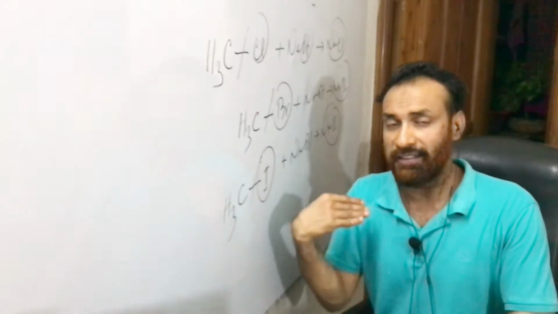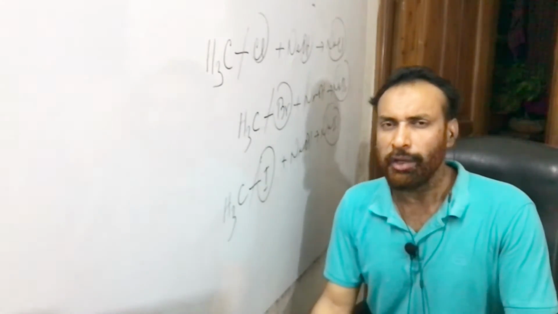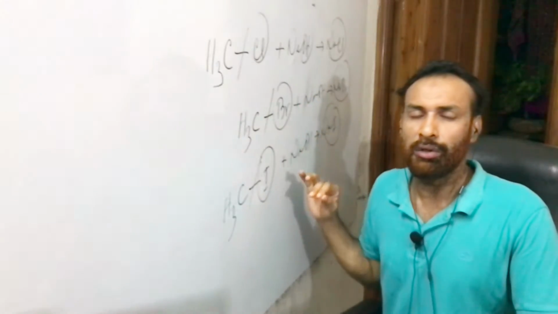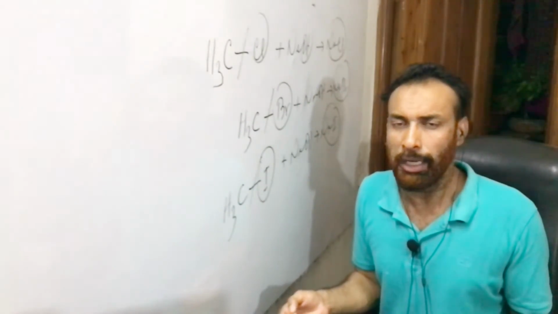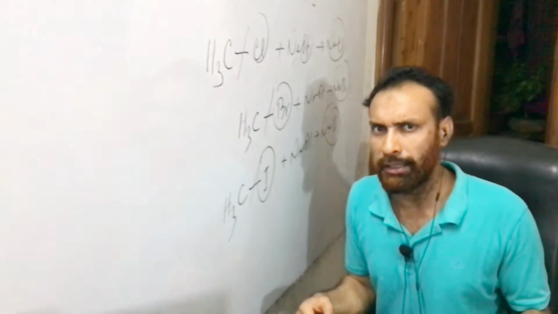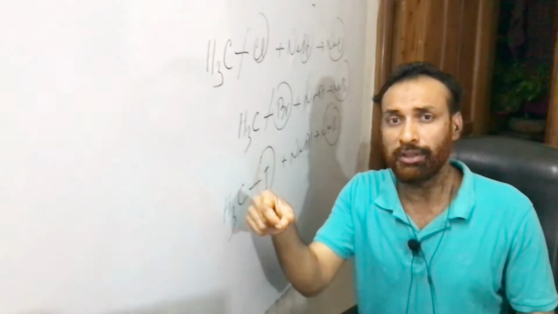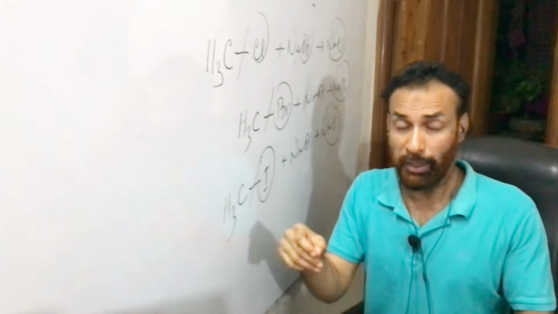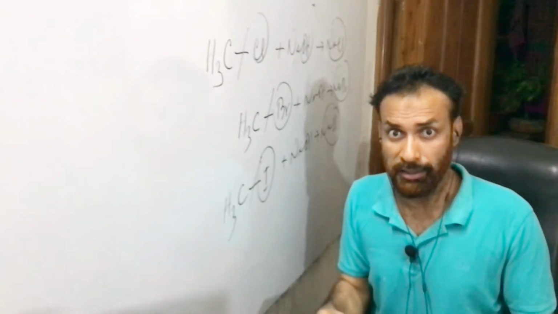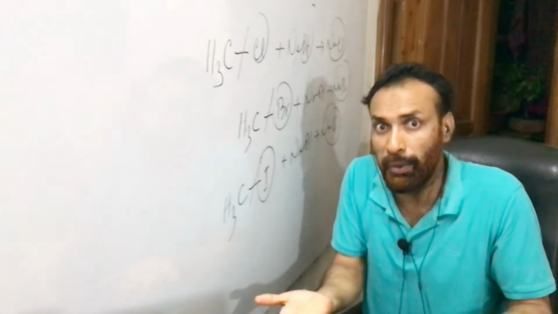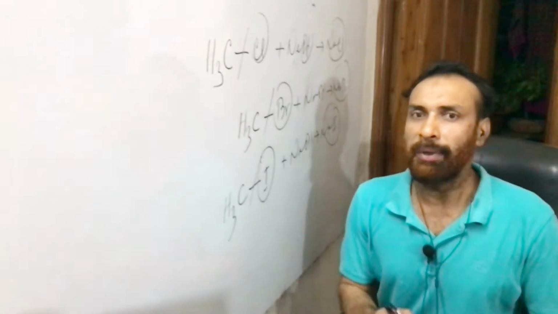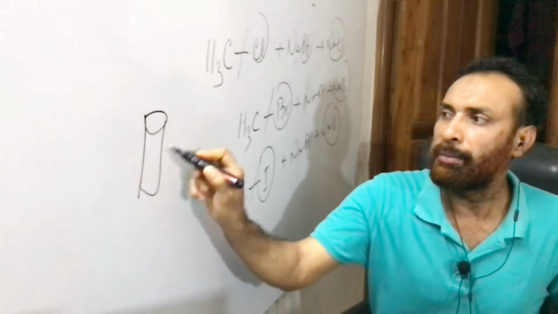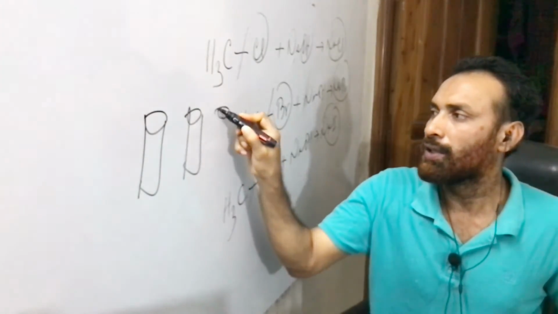So to get a fair test, you first acidify all the solutions with nitric acid, and you can be sure they are acidified by testing with litmus paper. When the litmus gives a red color, then they are acidified and no more hydroxide ions are there.